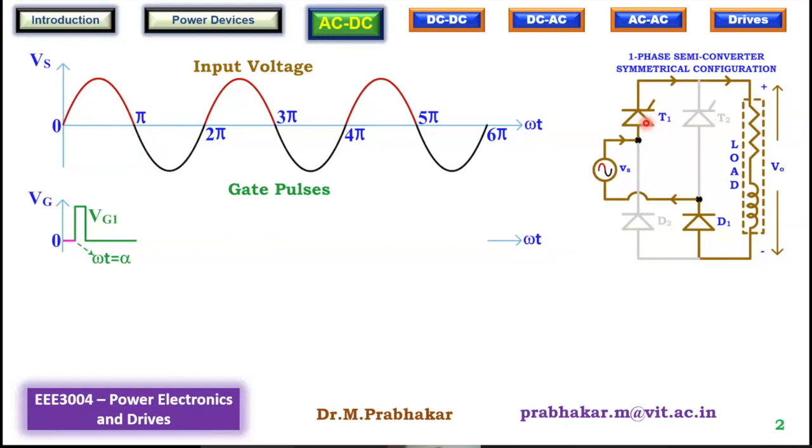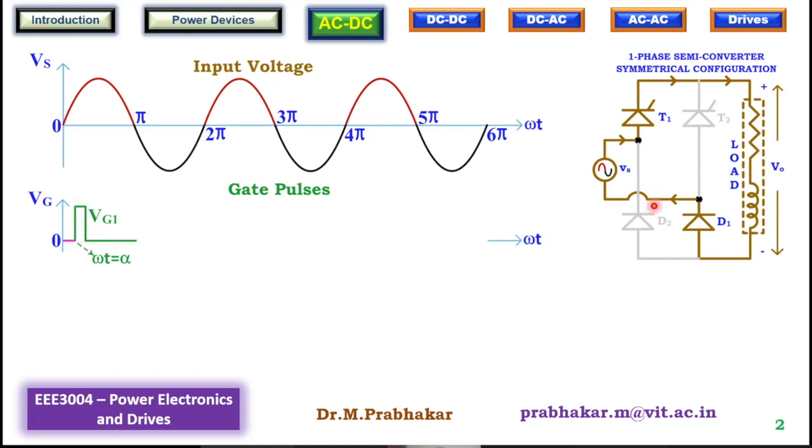Therefore, SCR T1 will be forward biased. However, unless and until it receives a gate pulse, T1 will not conduct. Therefore, the SCR is going to remain in forward blocking state. That state continues from omega t equal to 0 till omega t equal to alpha. Alpha is the instant at which the gate pulse is applied to the SCR T1.